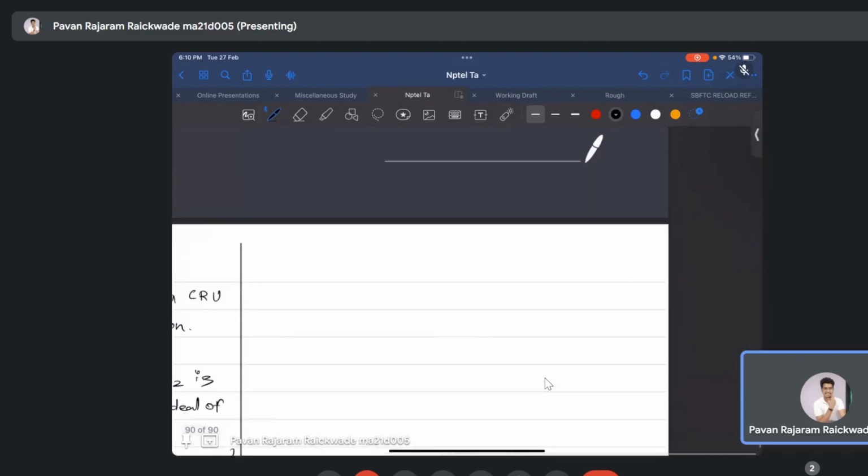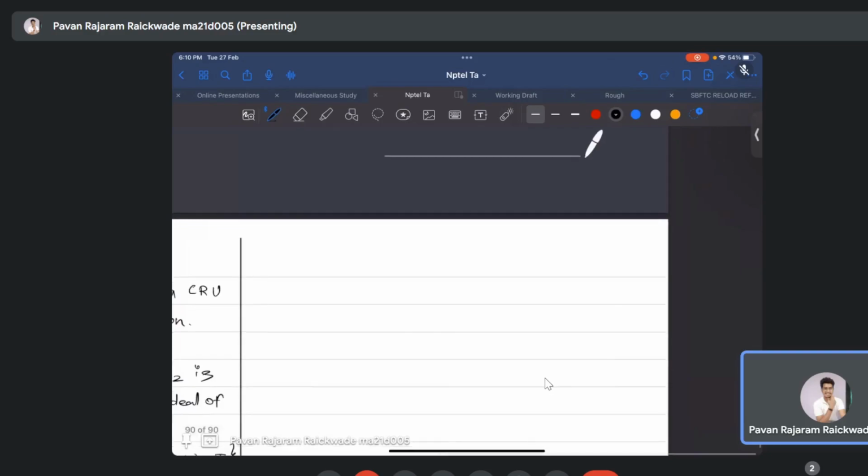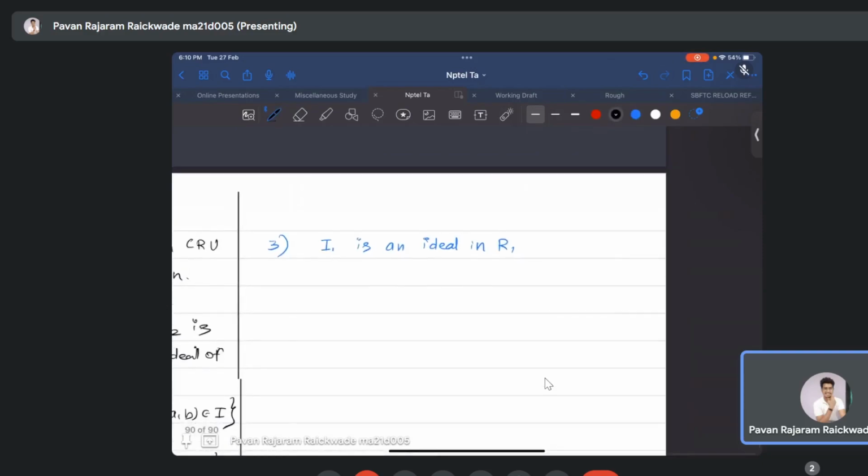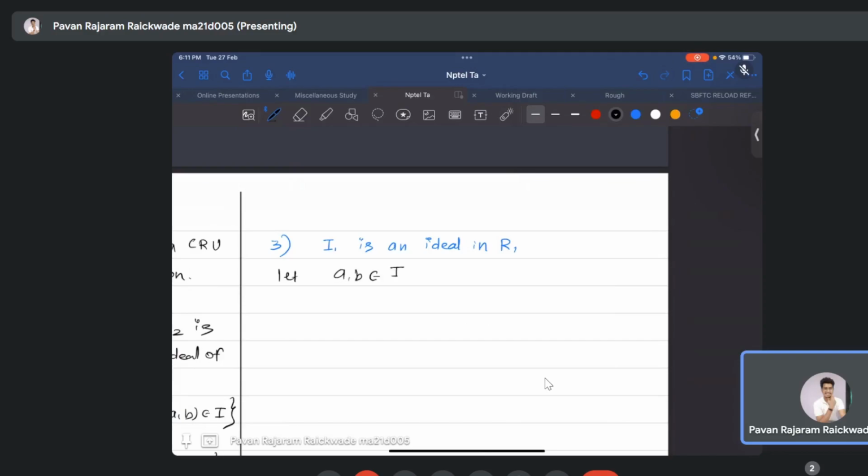Now we will show that this I1 and I2 are ideals, in fact. So now this claim is that I1 is an ideal in R1. Let's take two elements A1, A2 belonging to I1.